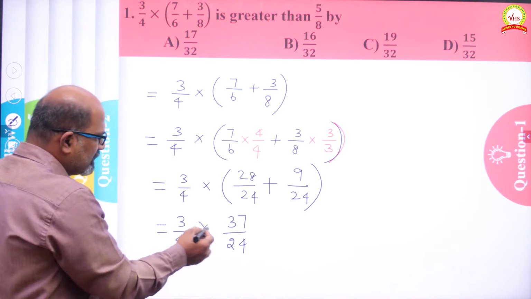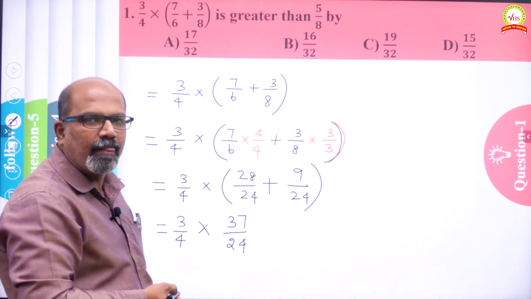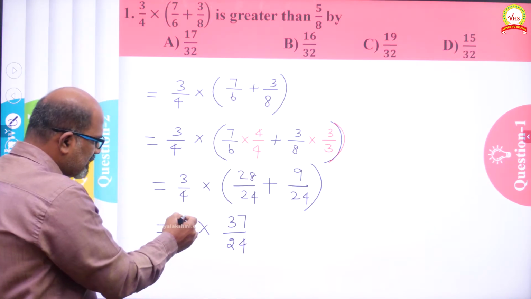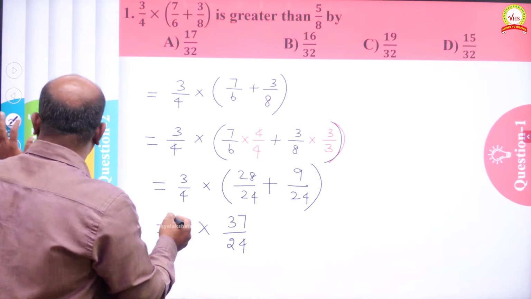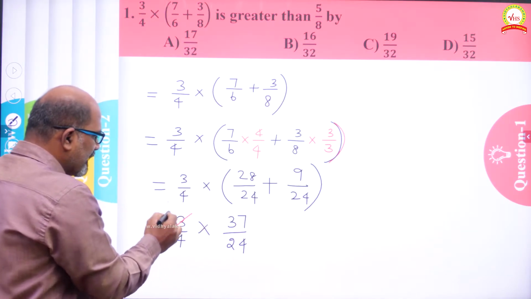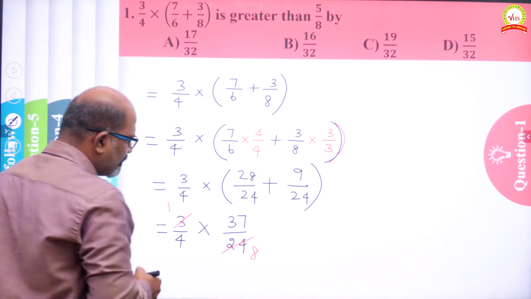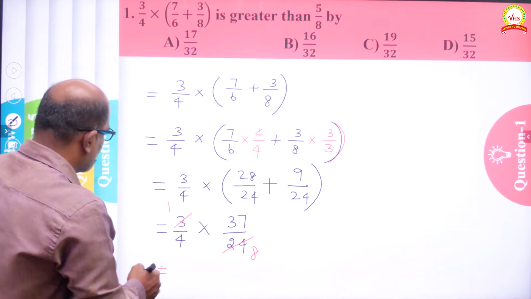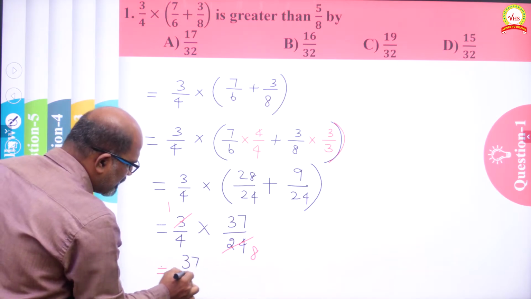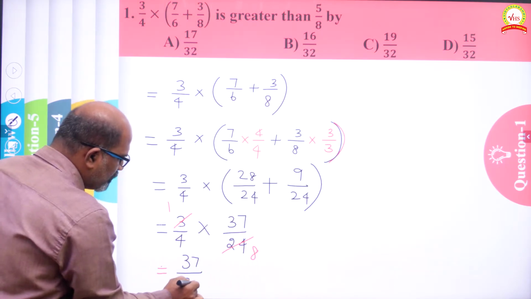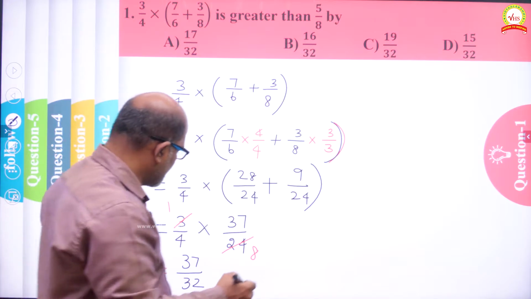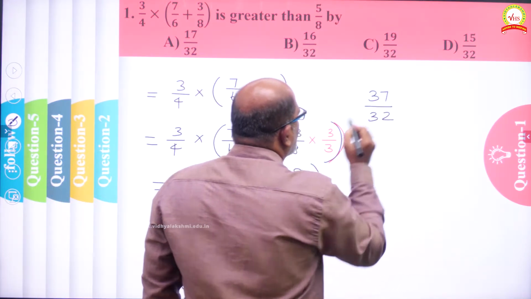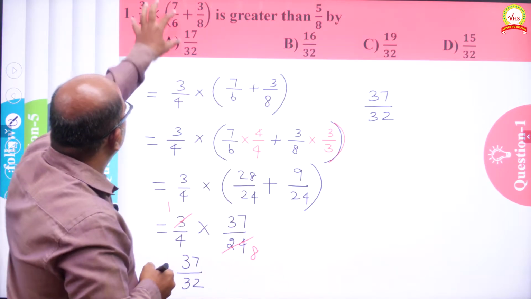Yes, because I want to make this into a fraction of standard form, I just make cancellation here. 3 one time and 3 eight times. So after cancellation, the remaining part I am having is 1 into 37 is 37 and 4 8s are 32. So this 37 by 32 is a simplified answer for this expression.